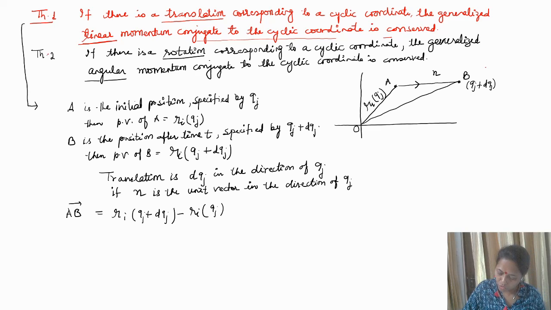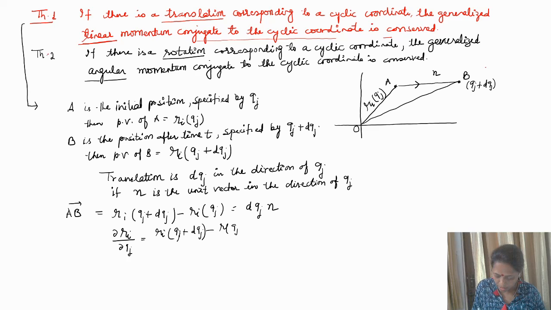This will be, you will go from A to O and then O to B. So this is nothing but dqj n. Now what is delta Ri delta Qj by definition? It is Ri(Qj plus dqj) minus Ri(Qj), divided by dqj, where dqj tends to 0.